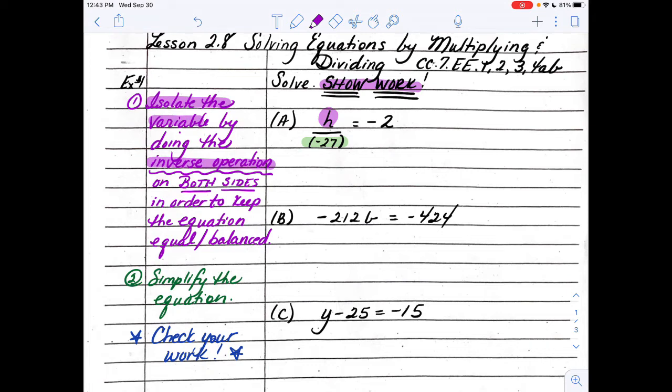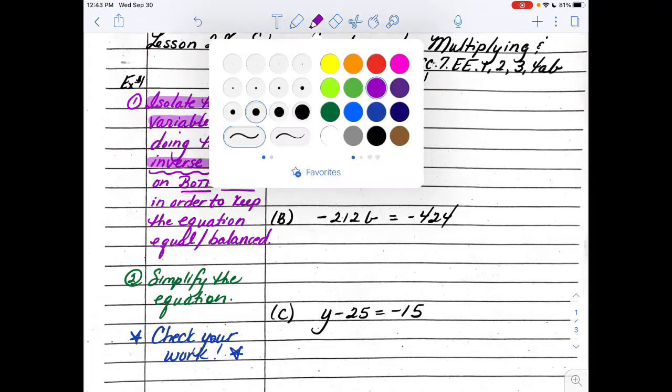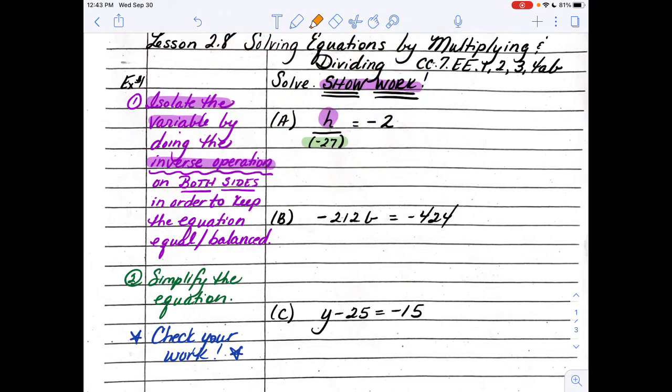Now, when we're doing that inverse operation, when we add or subtract, we're trying to get a zero pair. There is no such thing as a zero pair when you're multiplying or dividing. So our inverse operation, if you look at this problem, it says h divided by negative 27.